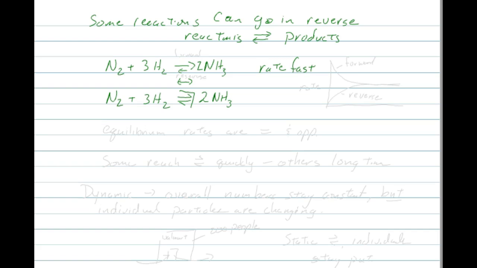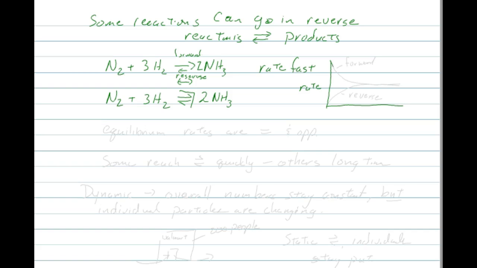If you show this on a graph, the forward rate is fast at first and then it slows down. The reverse rate goes slow at first. In fact, it's 0 at first, and then it speeds up. If you want to show a graphic of this, you have the rate, and here's the reactants making products.